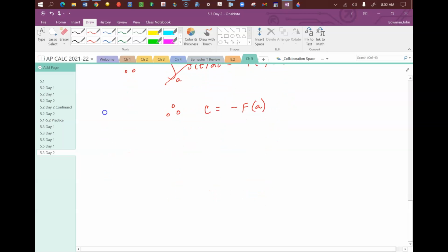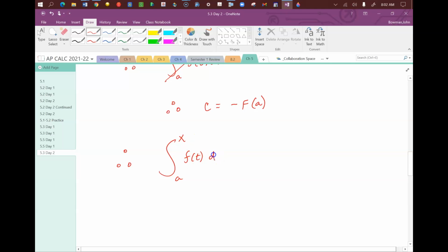Now you might be thinking, okay, well, what's the point of all this? Here's the point of all this. The integral from a to x of f of t dt is equal to F of x plus c, which is equal to F of x minus F of a.